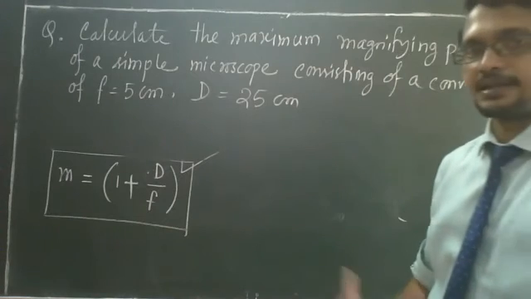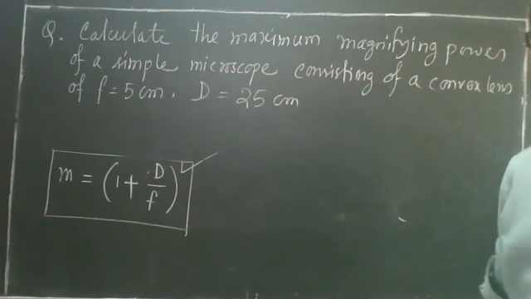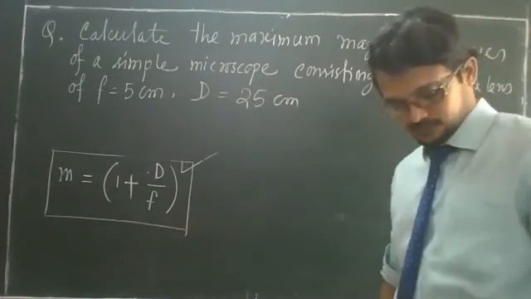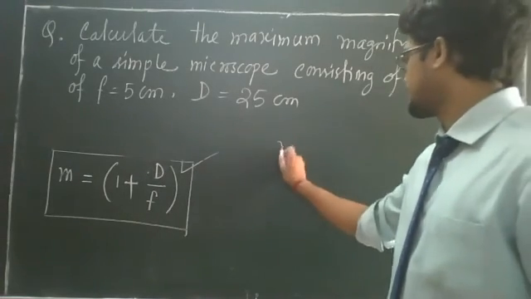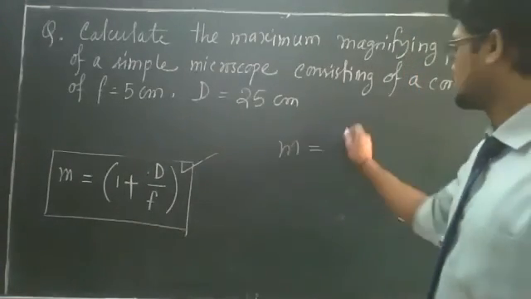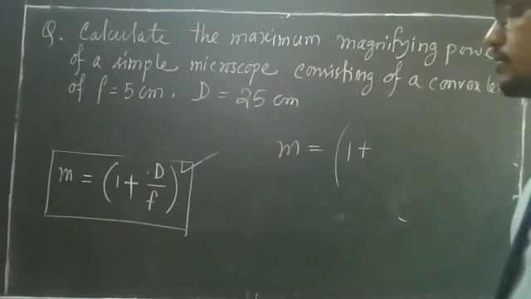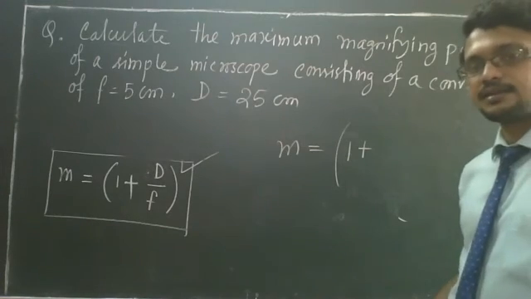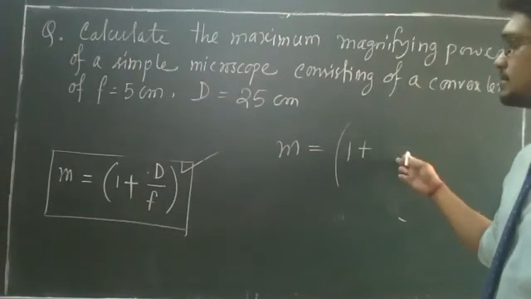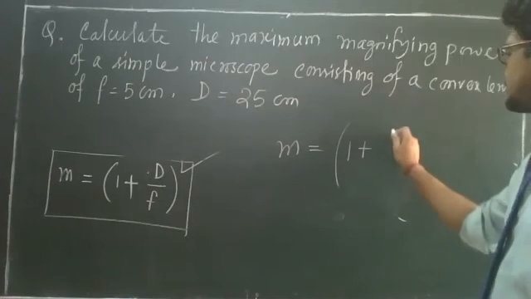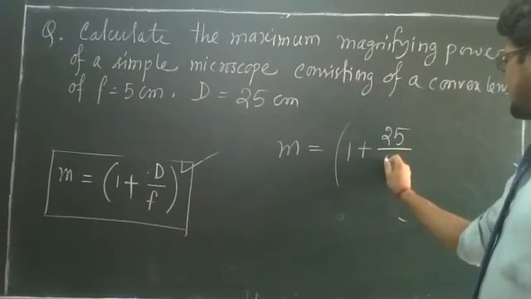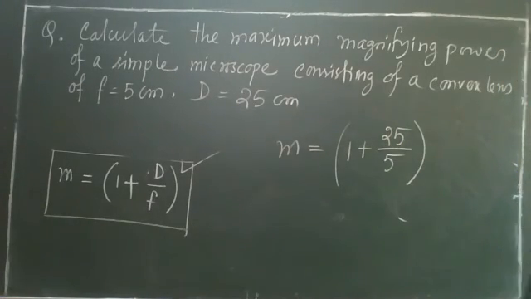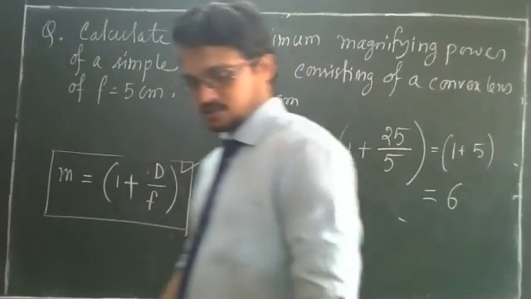Here you just have to put the magnitudes. What will be the answer? M equals 1 plus D by F. So you will get 1 plus 5 equal to 6. No unit.